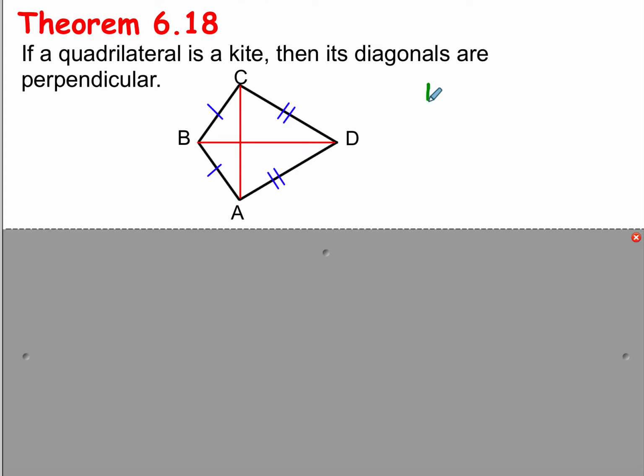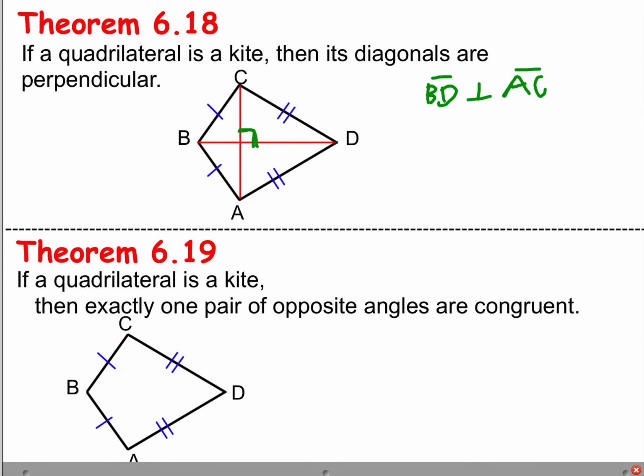We would say line BD is perpendicular to AC. Remember, that's how we say perpendicular. And to add that to our picture, all we would need to do is draw a right angle right there. And us drawing a right angle right there implies that there's a right angle at all of these spots right here. So, in a kite, diagonals are always perpendicular.